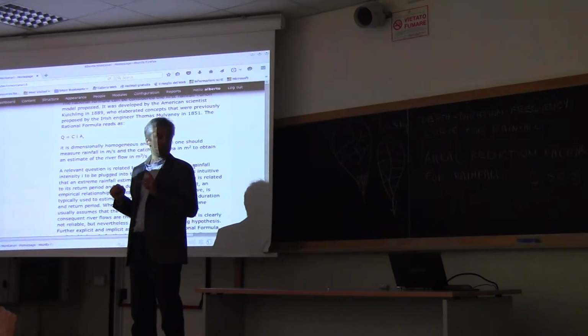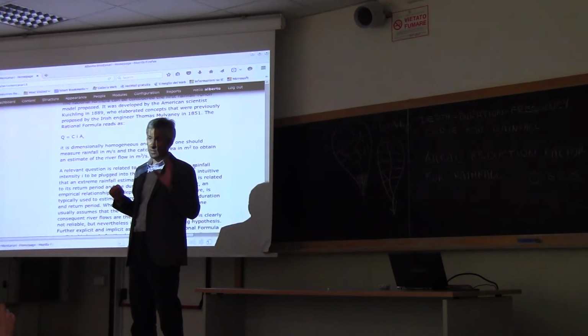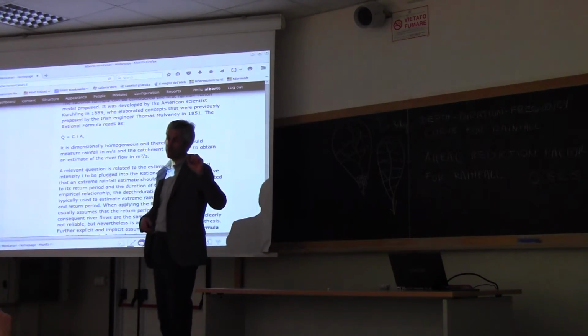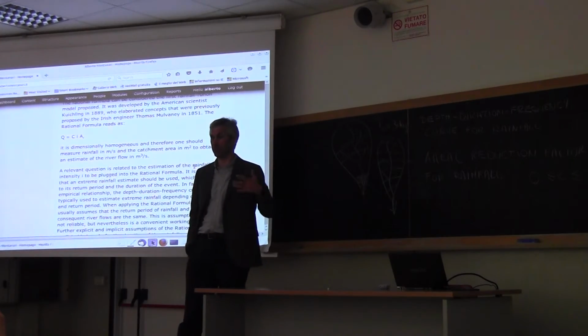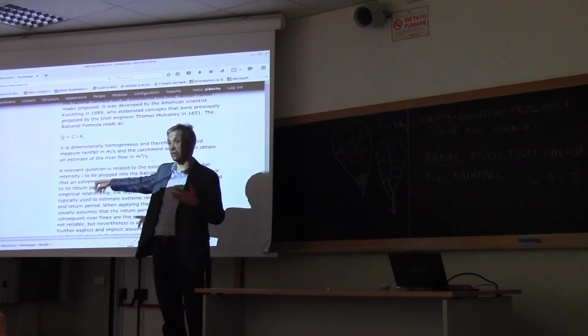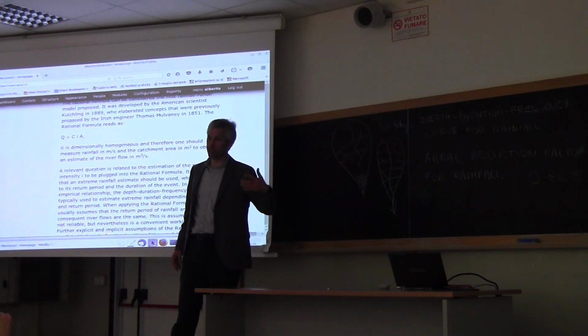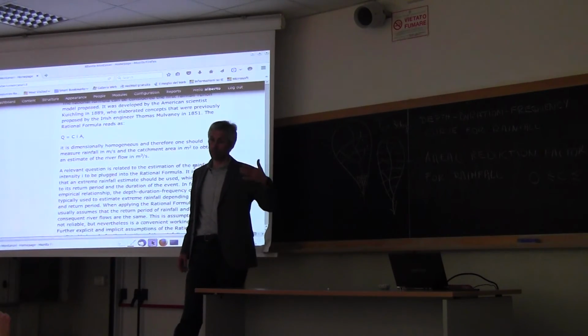I said that rainfall should be estimated for a given return period. And you can understand that probably the return period should be the return period that is assigned for the peak flow. So you may understand that probably if I need to estimate the peak flow for a return period of 100 years, probably the rainfall intensity that I should plug in there should correspond to a return period of 100 years. But this is an implicit assumption.